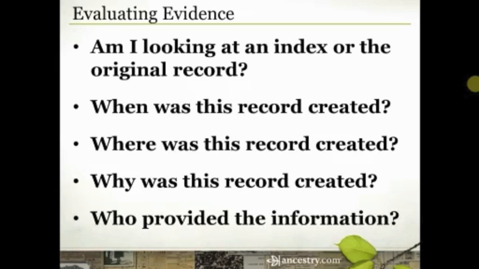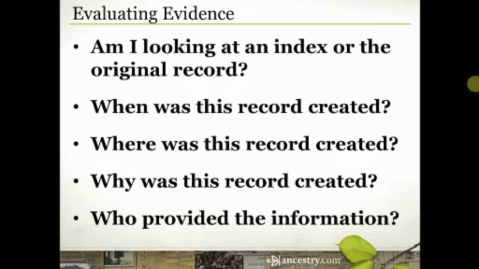In the case of the tombstone yesterday that I was looking for, when I contacted the cemetery, they actually had information about who had filled out the form to have the tombstone created. They knew who the informant was, and the informant was a son. It was one of his younger sons, but it was a son. On death certificates, I always look to see who the informant is.